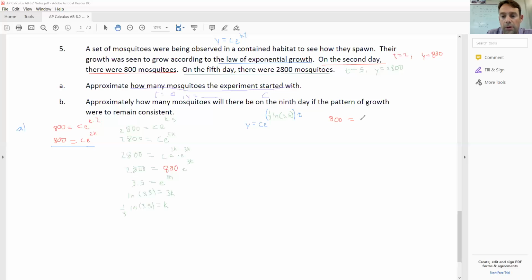We'll need that for part B, because our answer to part A is going to literally be found just by plugging it into this equation right here, 1/3 the natural log of 3.5. So by plugging my k value into that original red equation, my first one, when t equals 2, y is 800, I can divide both sides by that to figure out what c is.